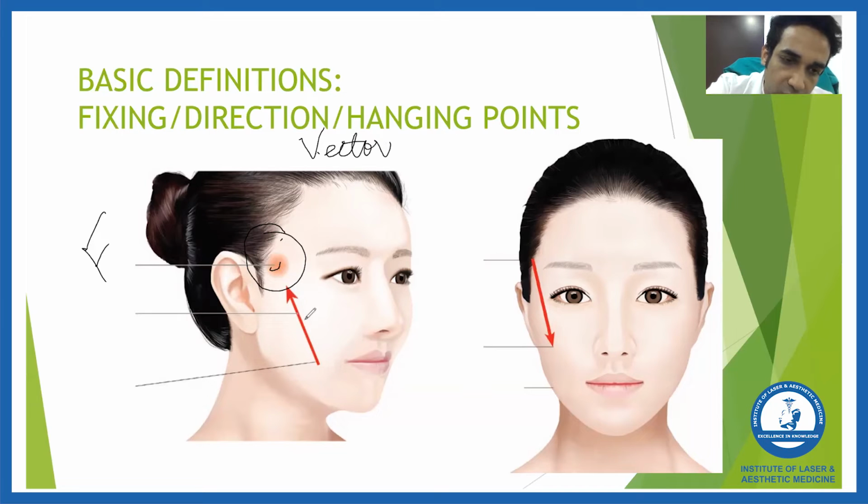And entered a thread through this direction. You chose that you want to lift this particular area. So what will be the vector from the fixing point to this particular point? It will be this, right? This will be the vector. So this is the direction.